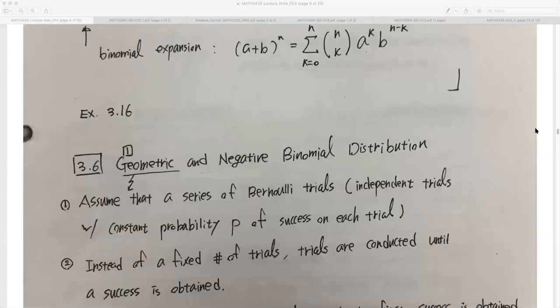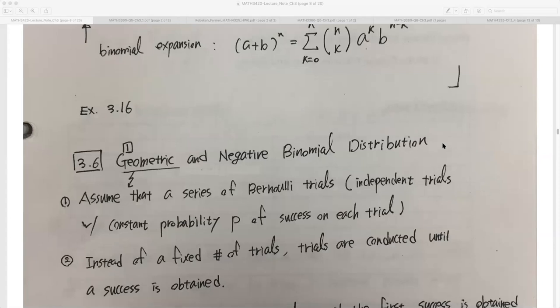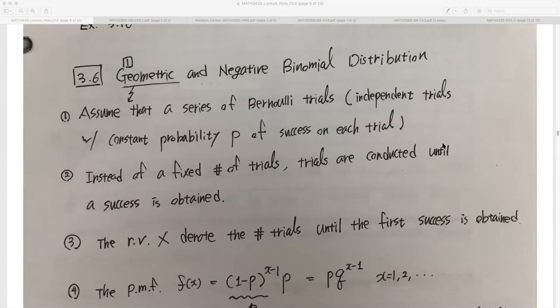We move to section 3.6, geometric and negative binomial distributions. All right, so what's the geometric distribution? It's similar to the binomial distribution, but the number of trials is not fixed. The random variable x in the geometric distribution is the number of trials until we get a first success.